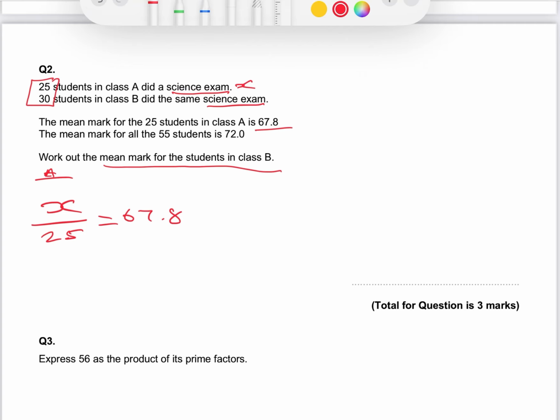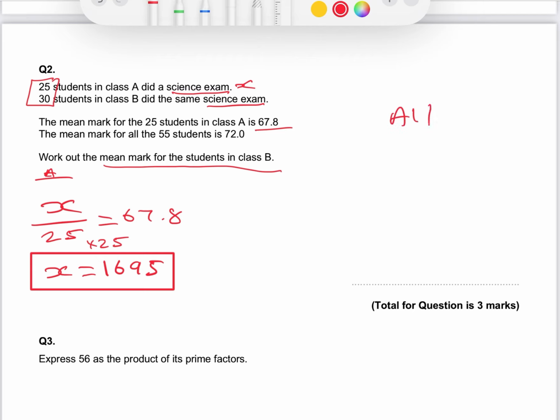So if I times 67.8 by 25, that will get me what all the scores add up to, just out of the 25 students, which is 1,695. Okay, so that was the total of what all the 25 students add up to.